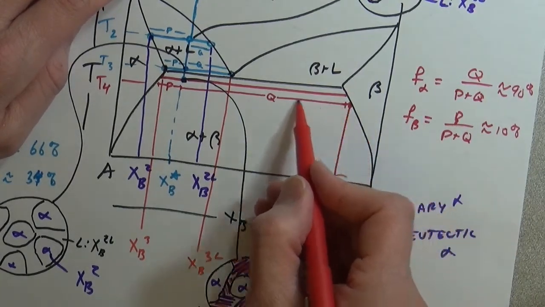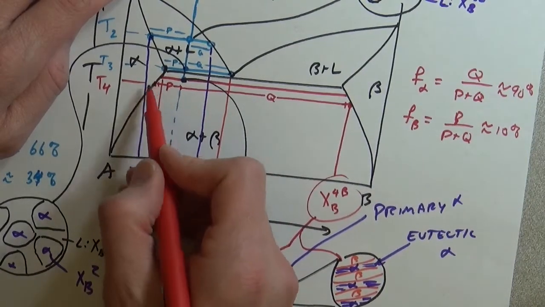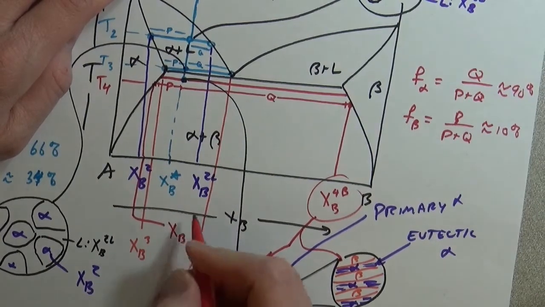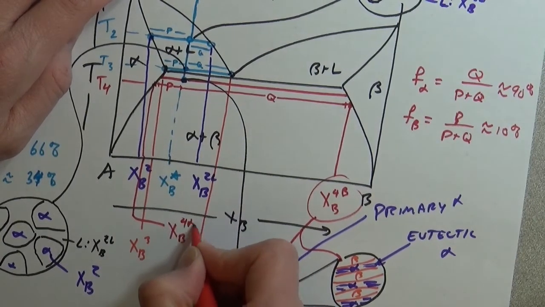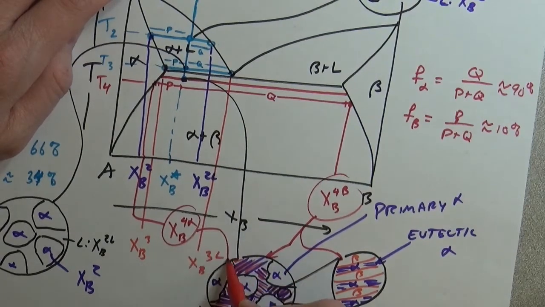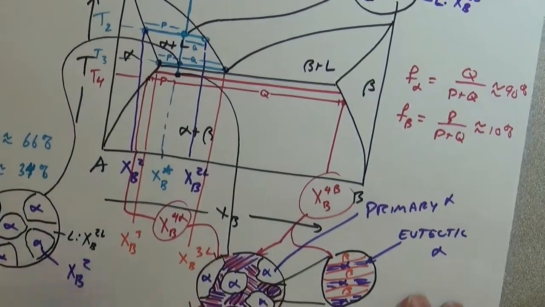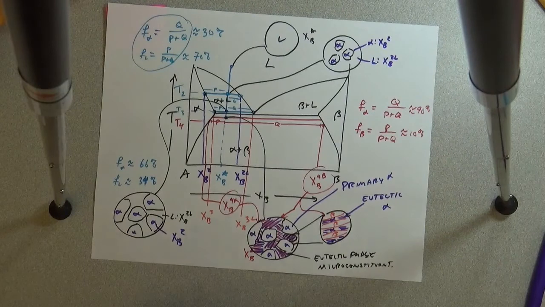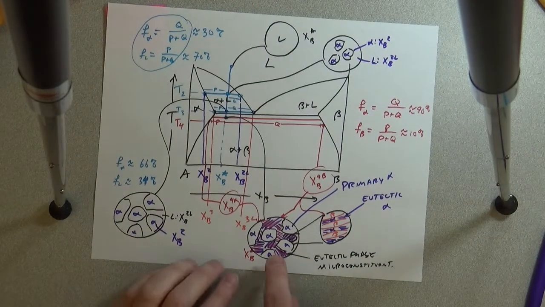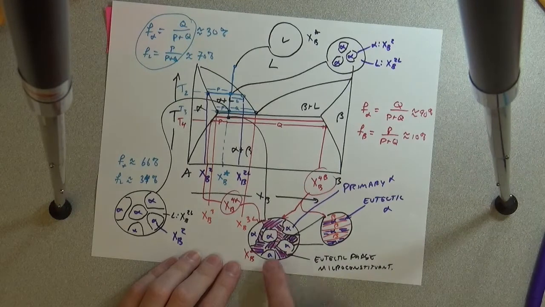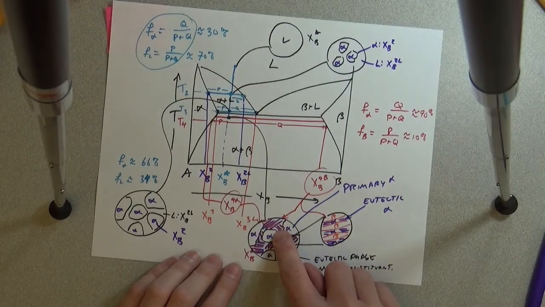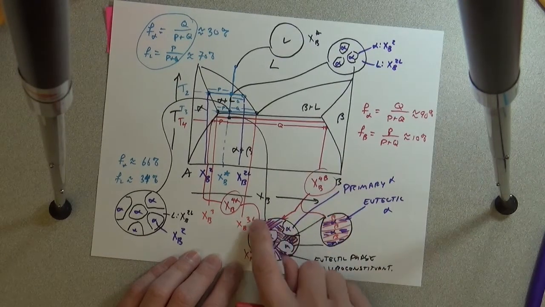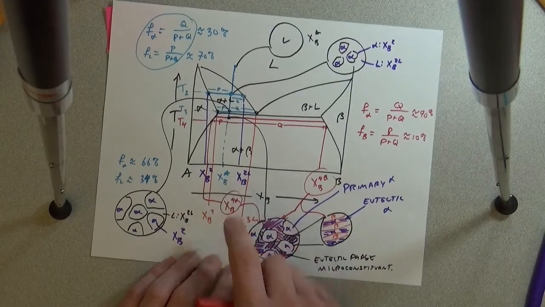And then the composition of the alpha is where the tie line touches that phase boundary, and that is XB4 alpha, which gives us the composition here. And because we are saying that our system is in equilibrium, that tells us that all of the alpha in this phase has the same composition, which is XB alpha 4. All of the beta has composition XB4 beta, and the net is going to be defined by our composition, which is XB star.